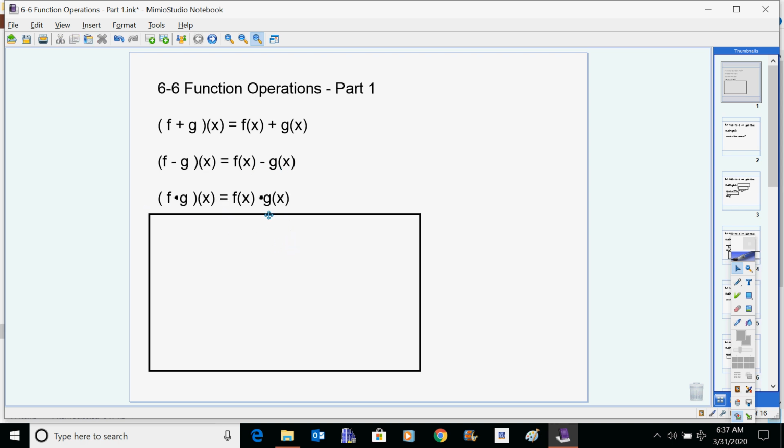F times g of x is f of x times g of x. I do have to make a special note of this. Notice that this is a raised dot, and that's super important because that new function, which is called a composite function that we'll talk about tomorrow, actually has like a circle here.